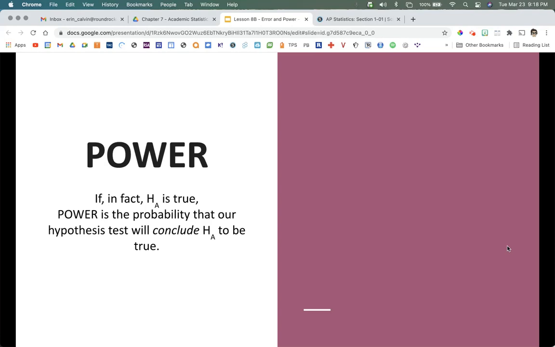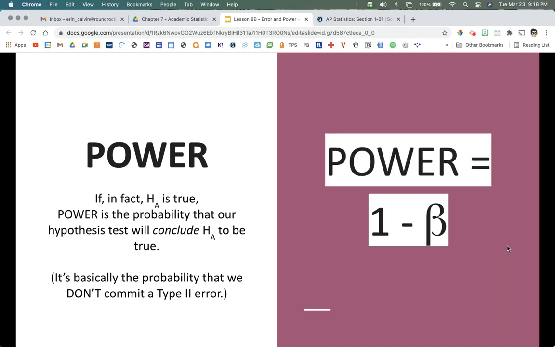So power represents, if the alternate's true, the probability that our hypothesis test will detect that it's true. It's basically the probability that we don't commit a type 2 error. Remember, type 2 is when the alternate is true, but we fail to reject the null. So if we don't do that, that's power.